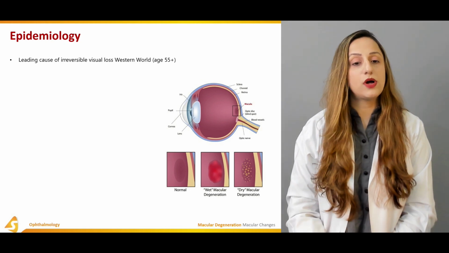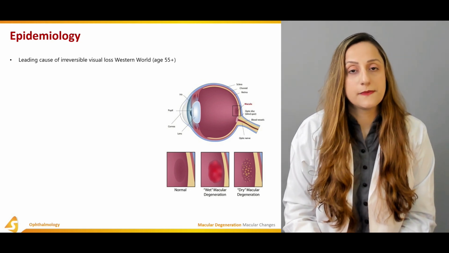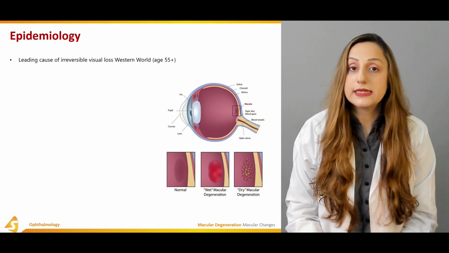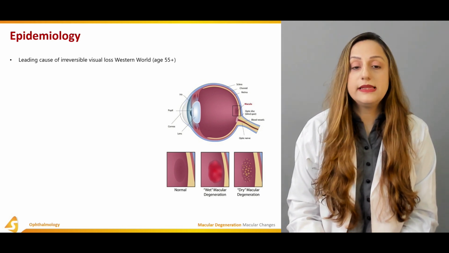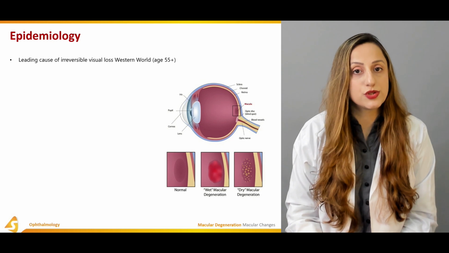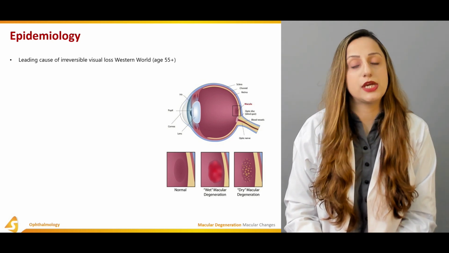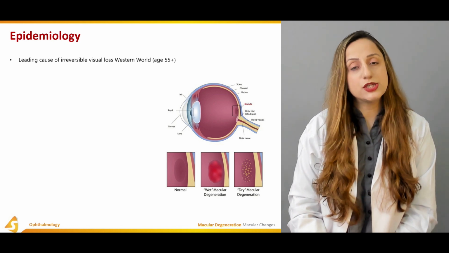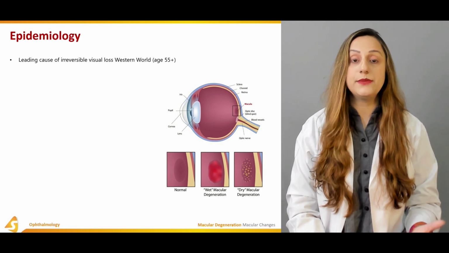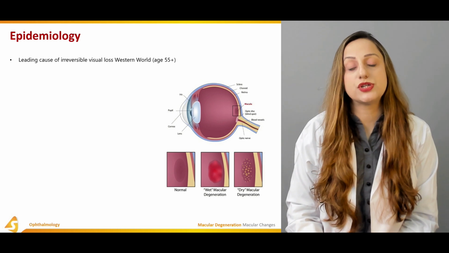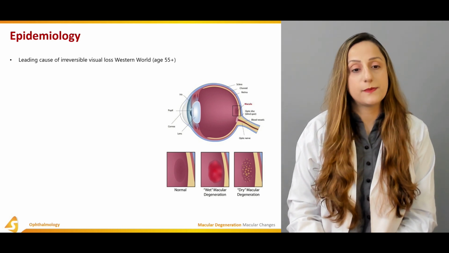So the epidemiology, when we talk about it, it is quite a prevalent disease. It is a leading cause of irreversible vision loss in the Western world, and it is usually prevalent in the older age group. The age group that mostly presents with macular degeneration is 55 plus.